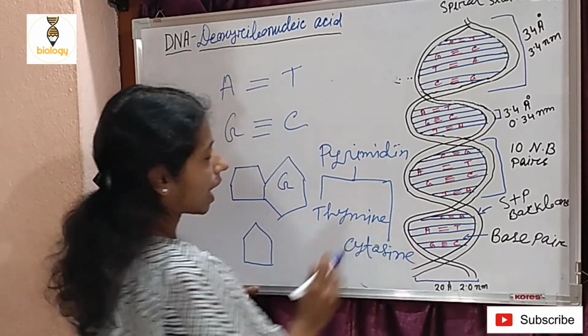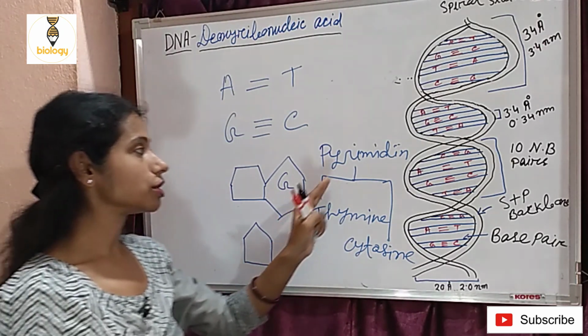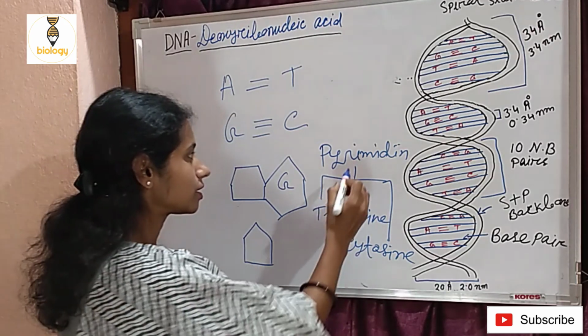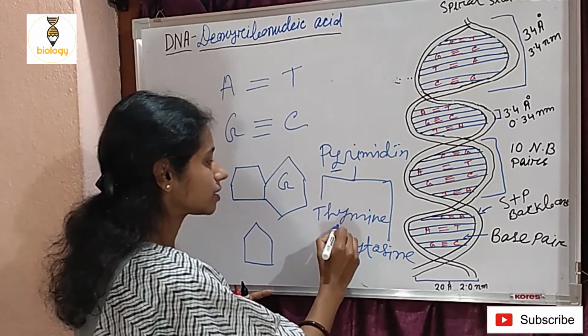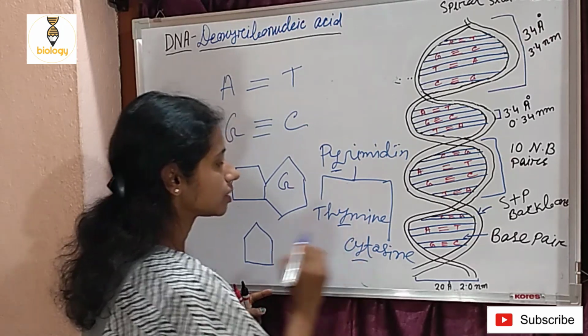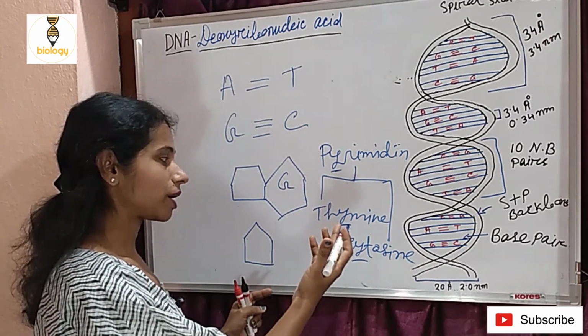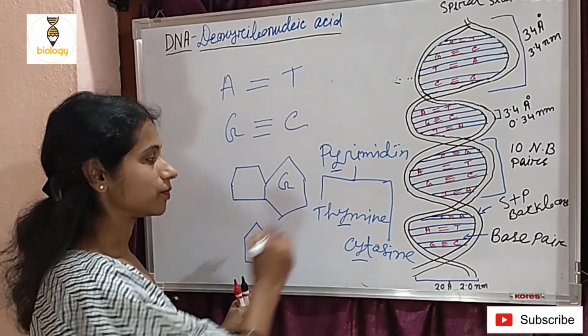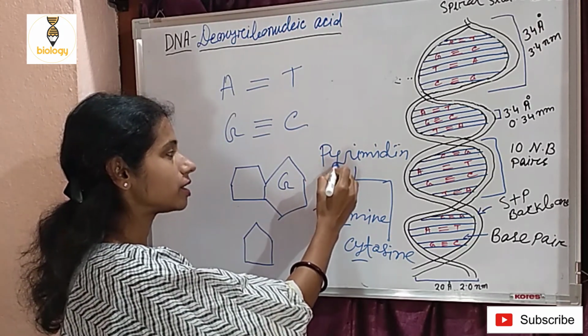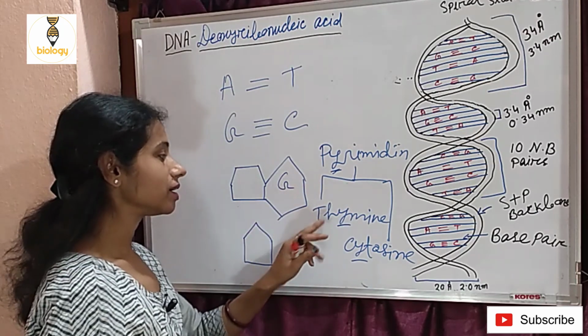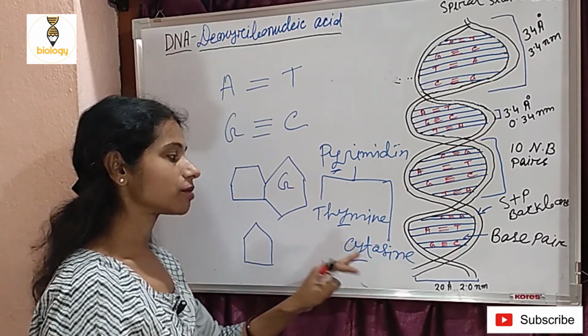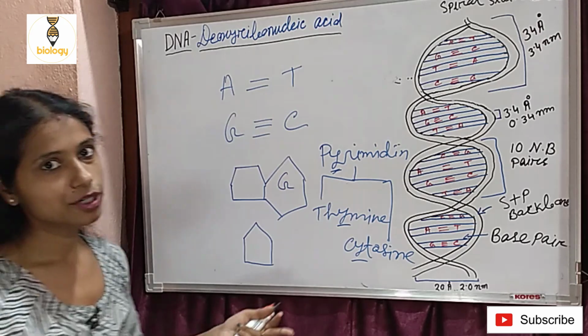It is a very easy way to remember which one is pyrimidine: in pyrimidine, Y is there. In thymine also, Y is there. In cytosine, Y is there. So you can remember easily which one is pyrimidine and which one is purine. If Y is in the spelling, it is a pyrimidine: pyrimidine, thymine, cytosine all have a Y.